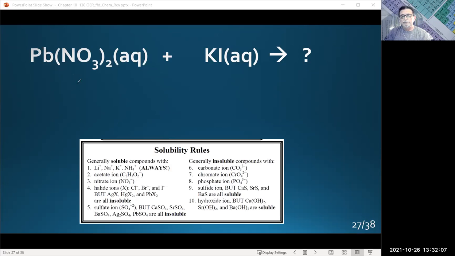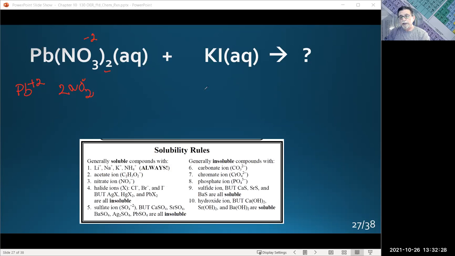All right, so let's break it down. Lead is a +2. How do we know that? Because nitrates are -1, and there are 2 of them. That means that lead must be a +2 species, it has to be. And then we got 2 nitrates here to work with.